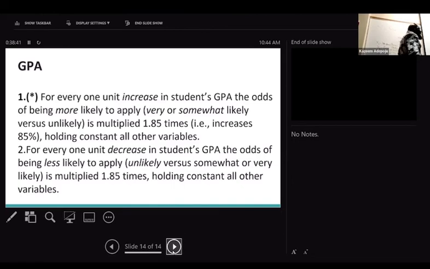We say for every 1 unit increase in student GPA, the odds of being more likely, and you know that more likely means very likely or somewhat likely versus unlikely, is multiplied by 1.85 times. Where do I get 1.85 times?